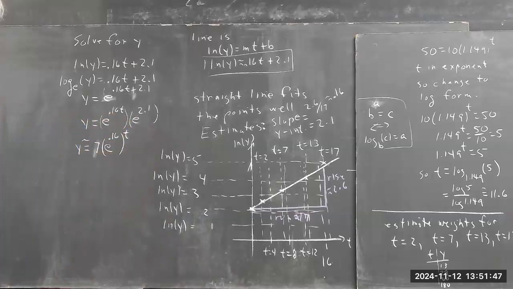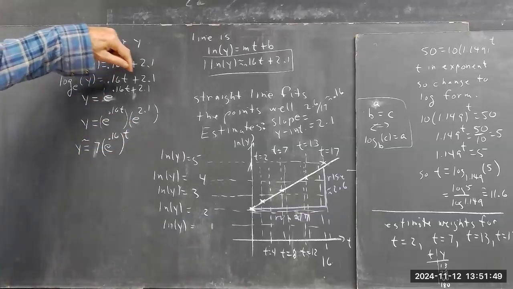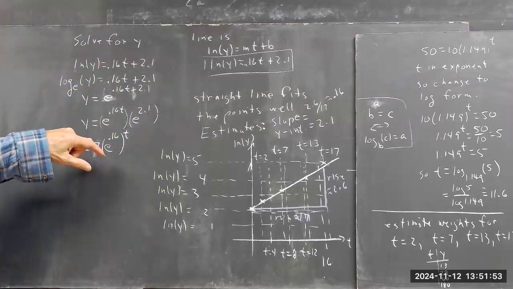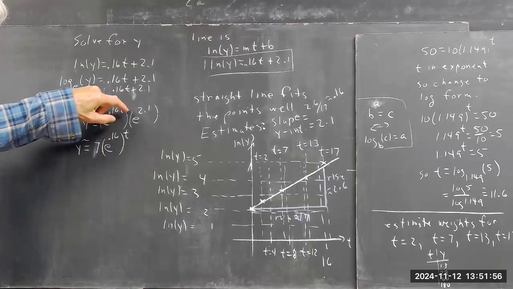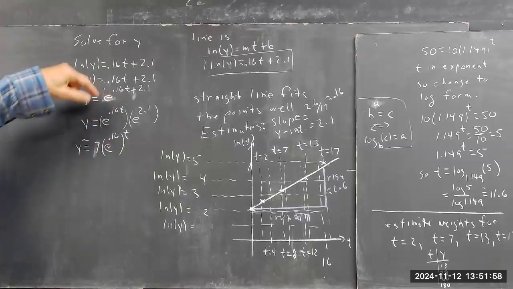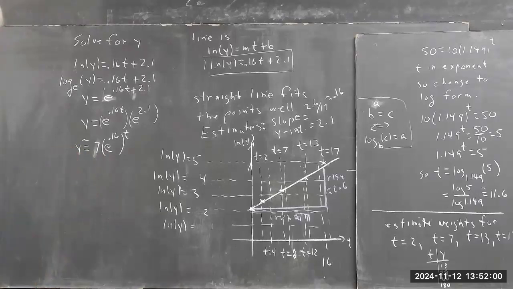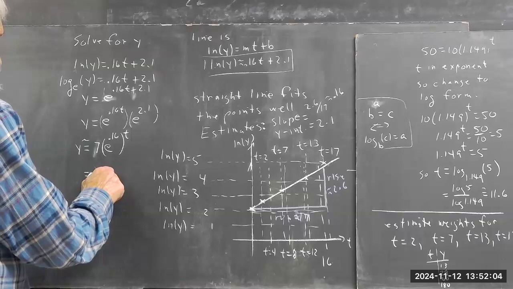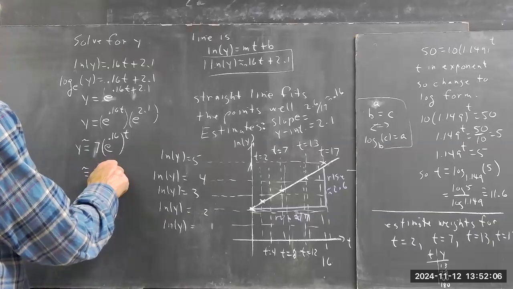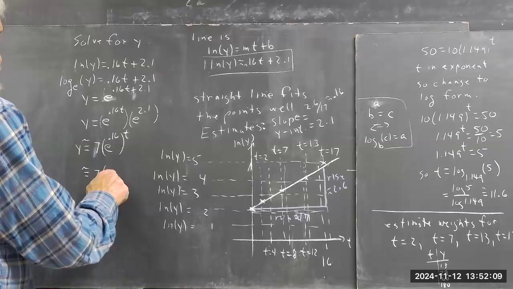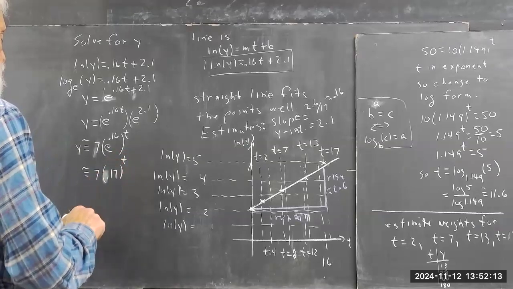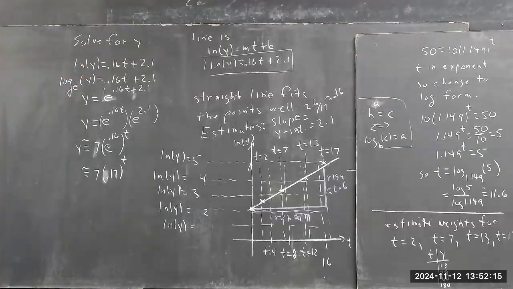I'm just using laws of exponents here. e to the a plus b is e to the a times e to the b. e to the a to the b is e to the a times b. So it's about 7 times 1.17 to the t.